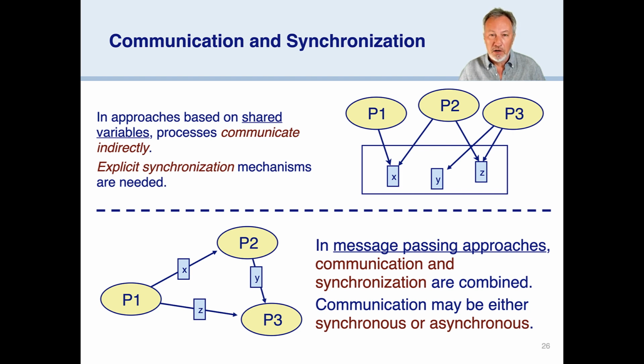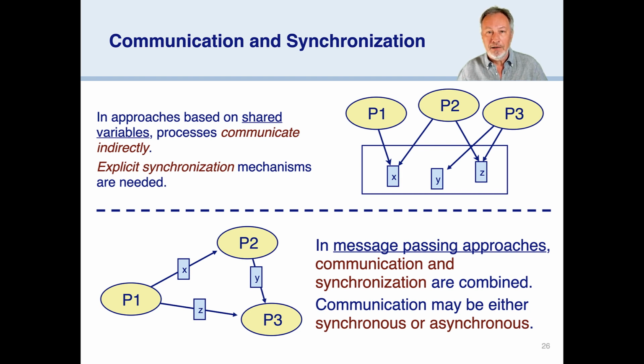This communication, however, can take various forms. In particular, it could be synchronous, which means that there's a handshake. P1 and P2 both have to be ready when the message X is transferred from one to the other. Or it can be asynchronous, in which case P1 sends a message, it enters the ether, a queue, a buffer, something, a blackboard, and eventually P2 will receive the message X. But the moment P1 has released X, P1 can continue doing something else.